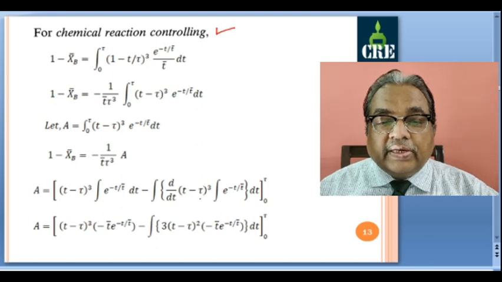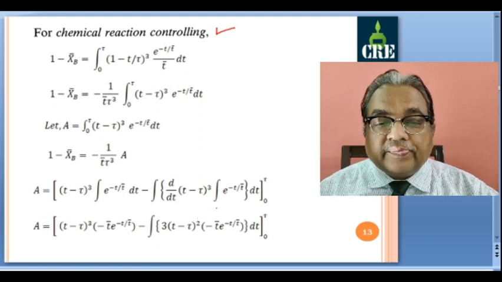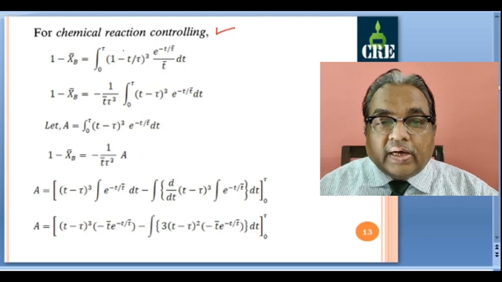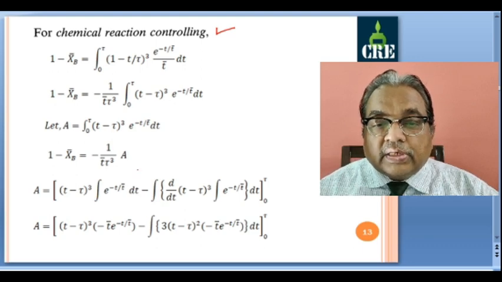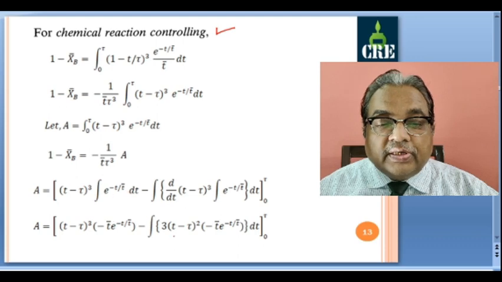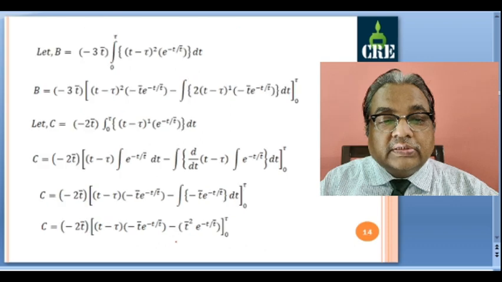Derivative of (t minus tau) whole cube will be 3 into (t minus tau) whole squared, and integration of e raised to minus t by t bar is again minus t bar e raised to minus t by t bar. So these two integrations are the same. So we have solved this step.